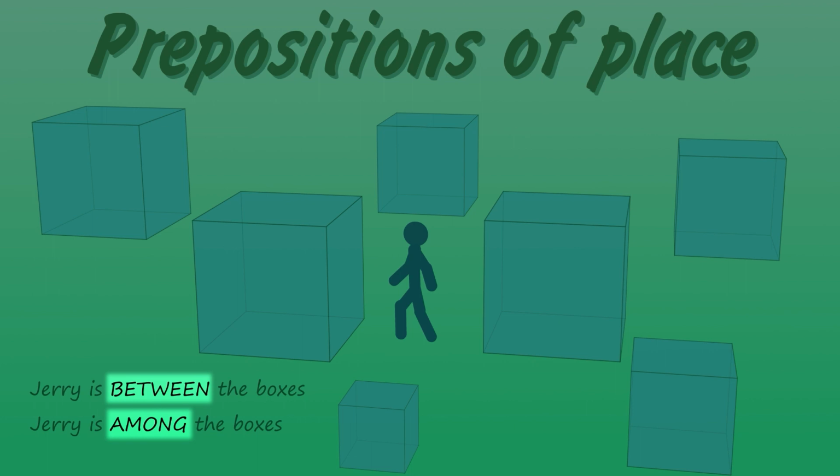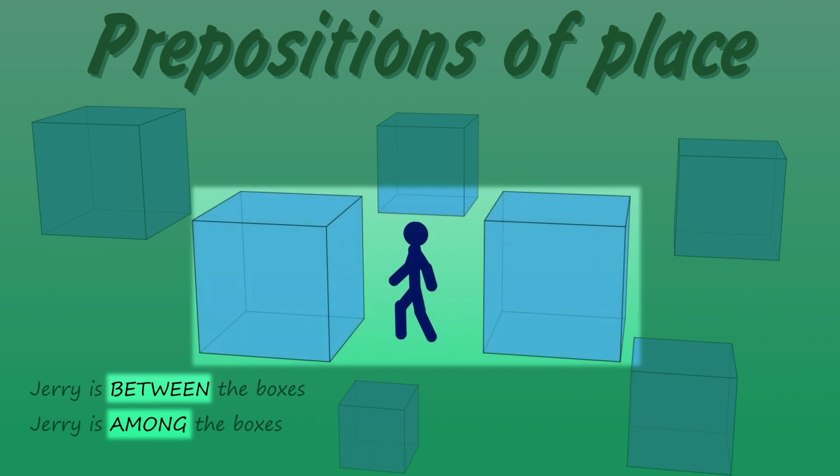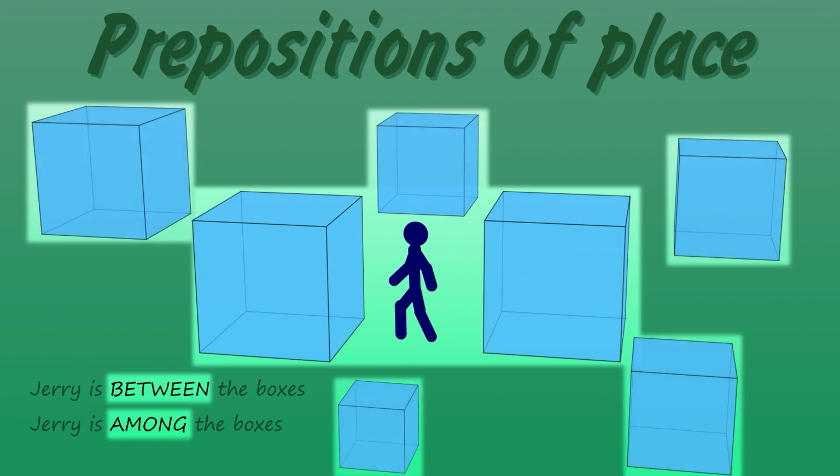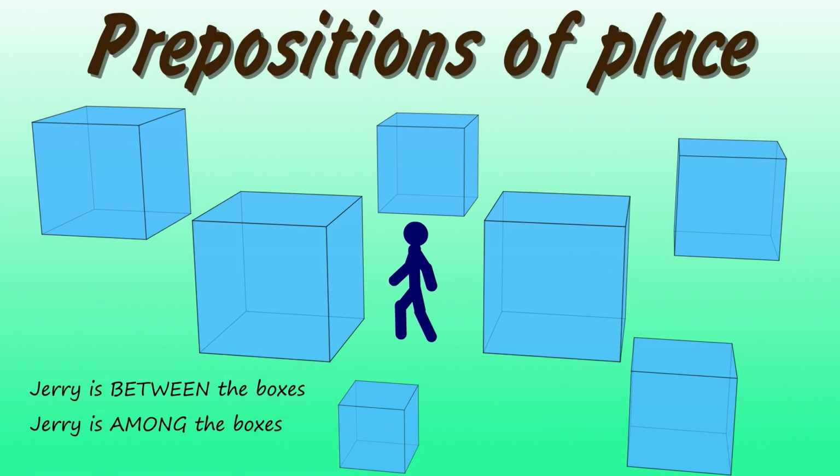Between is when something is located in the middle of two things, whereas among is more general and it means located somewhere in a group of things. So, in this situation, you could say Jerry is among the boxes, or you could say he is between the two red boxes.